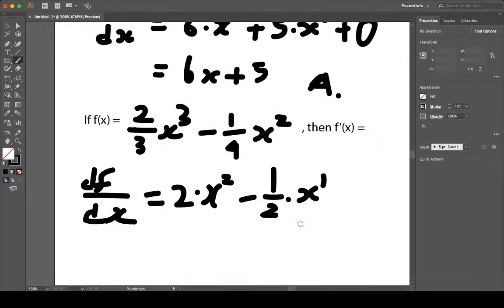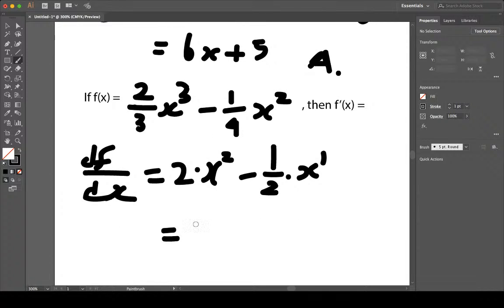So therefore, what we got here is 2x squared minus half, minus x over 2. And this would be, okay, yeah.